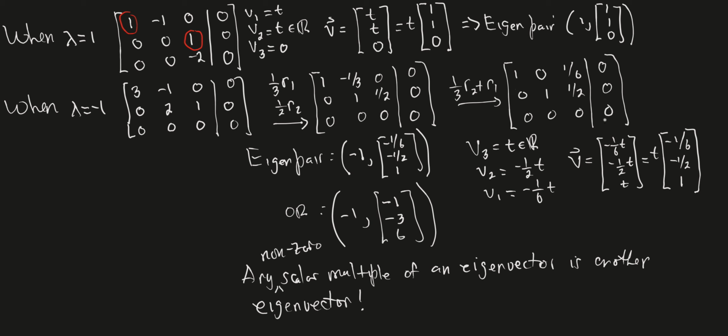The system will always be homogeneous, that's a given. And we'll always end up with at least one free variable, so we have to make sure we can identify what columns are pivotal and what columns are non-pivotal. And based on that, we can come up with our eigenvectors.